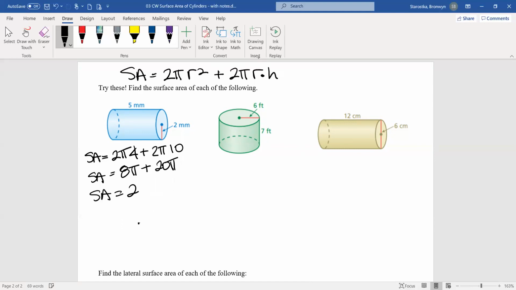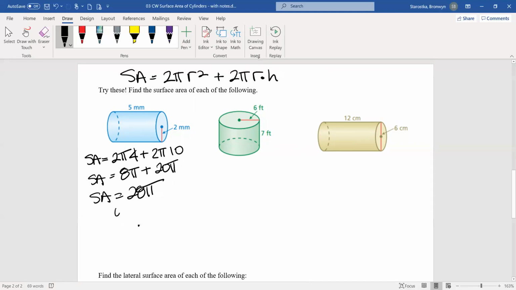All right, that's 28 pi, or 87.96 millimeters squared.